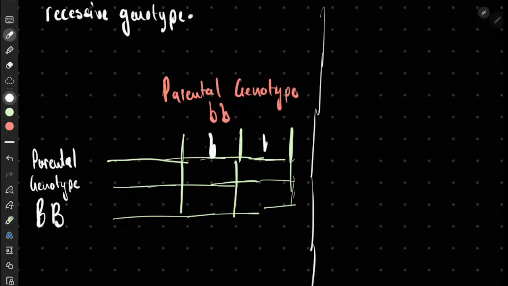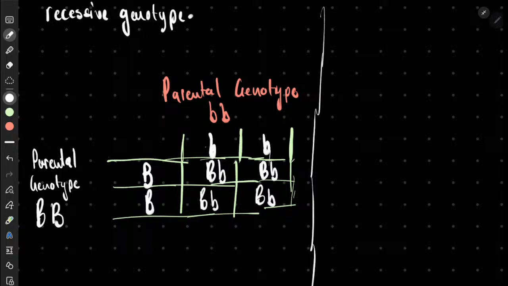Let's see what we get here. If we cross big B with small b, we get big B, small b. Big B times small b is big B, small b. Can you see? Here, big B meeting the small b, and here again big B meeting the small b.